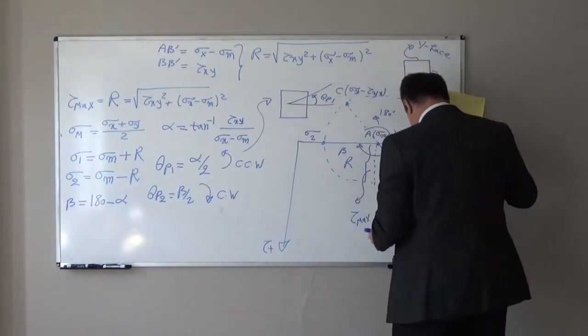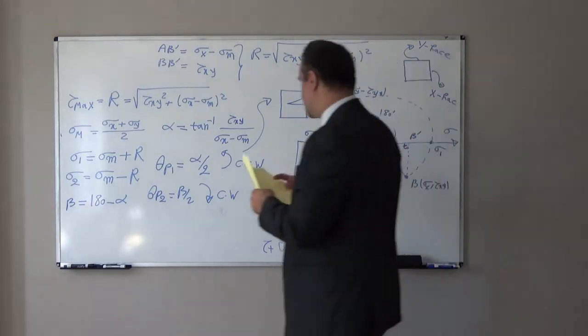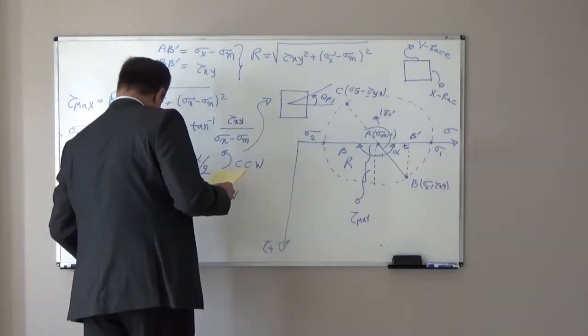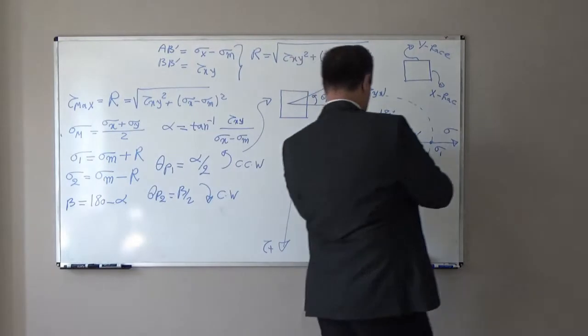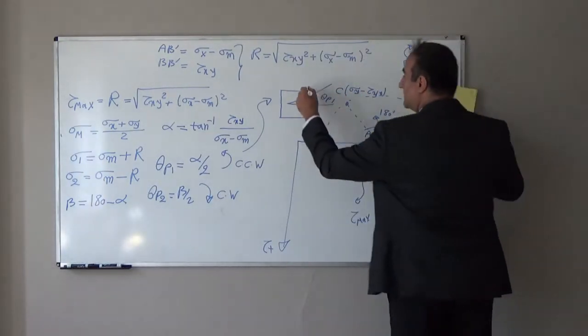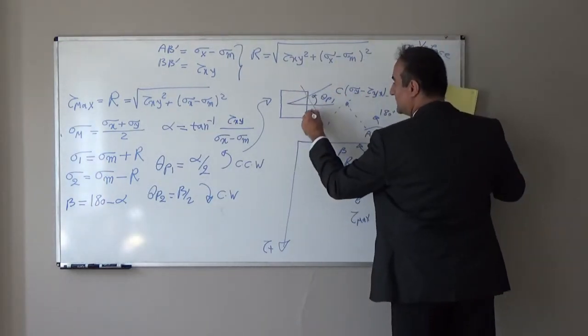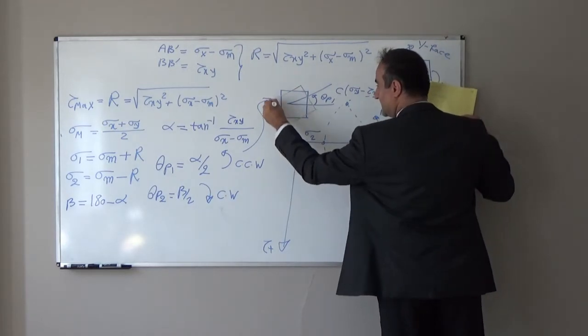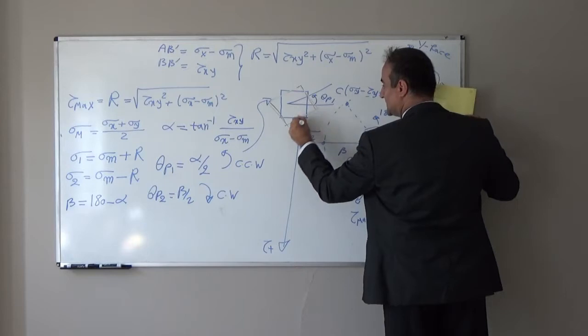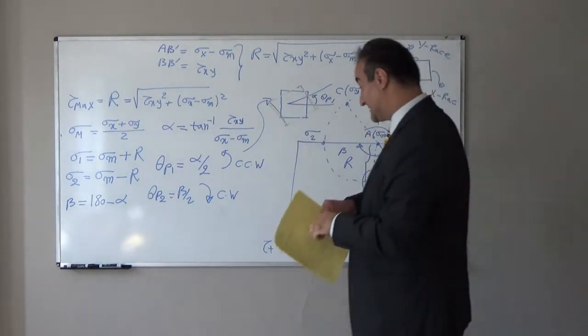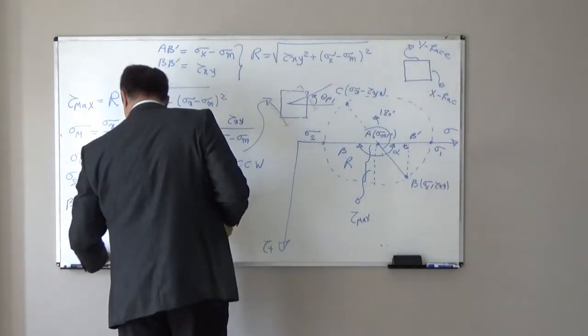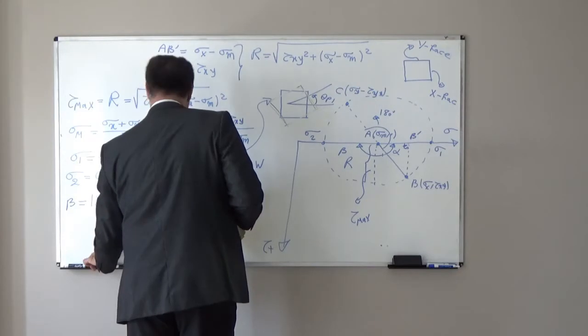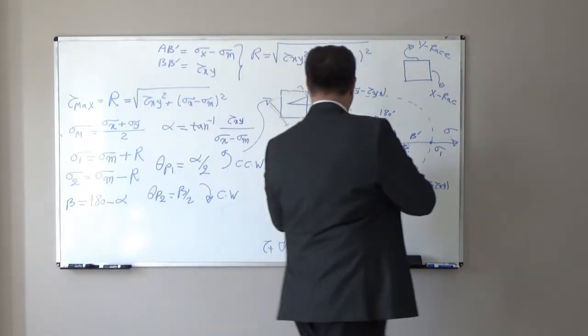In that case, if I show it with another color, the element will rotate like this. Again, the same square stress element, we should rotate by theta p1 counterclockwise.